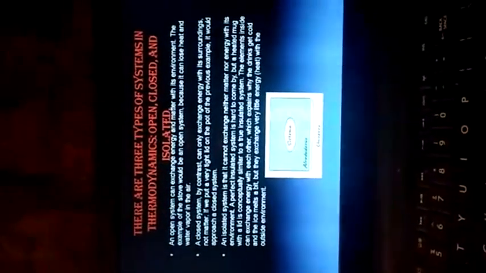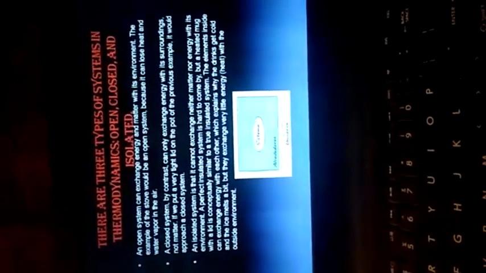Okay, this example is possible in relation to the car. When we are driving the car, it's possible for mass to go out or come in.